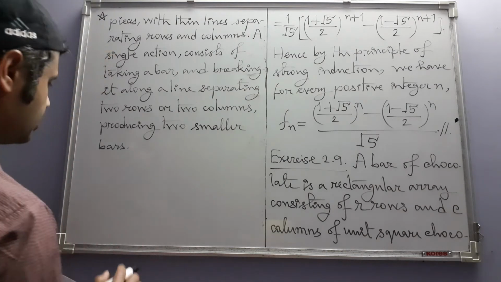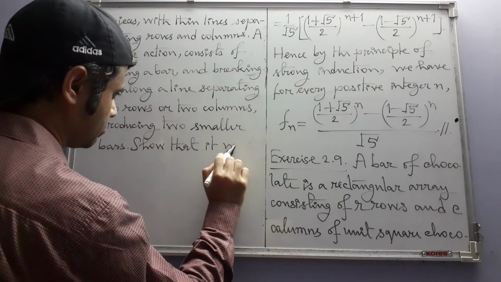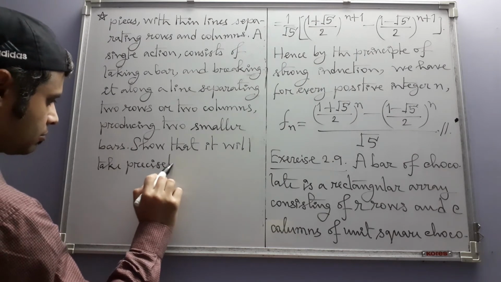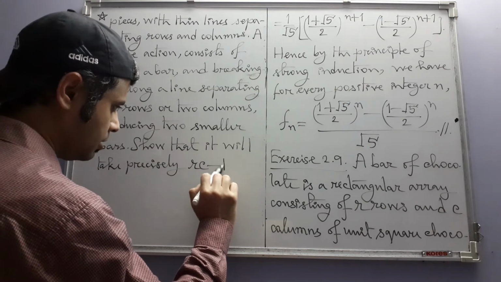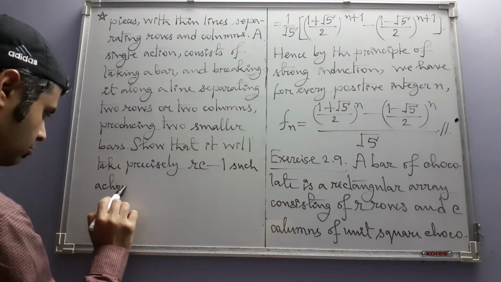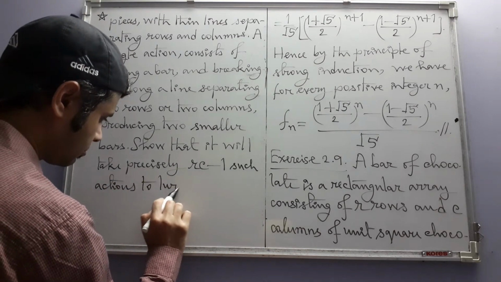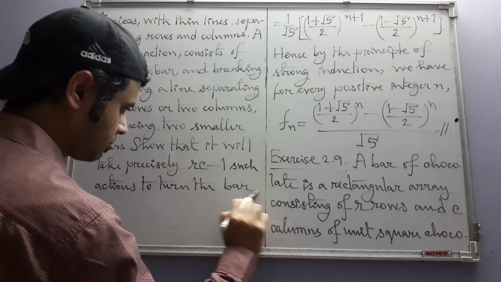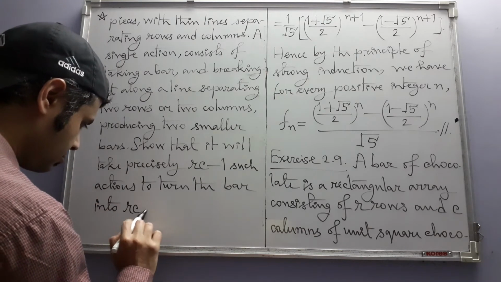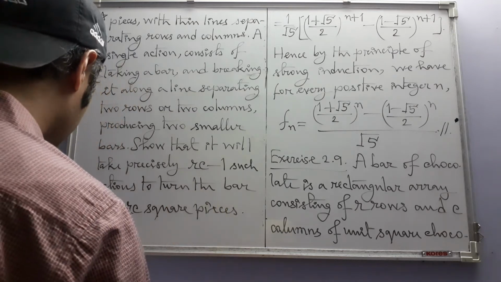Show that it will take precisely r times c minus 1 number of such actions to turn the bar into RC square pieces.